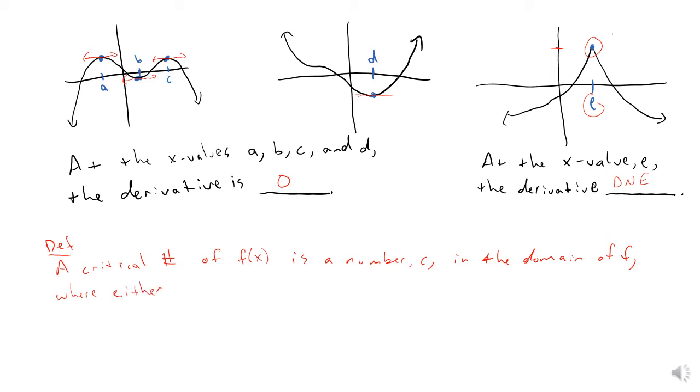So we've got some number c. So c here is some x value, similar to the x values that we looked at up here. C is some x value in the domain of the function where either the derivative at that point, f prime of c, is 0, or the derivative at that point does not exist.